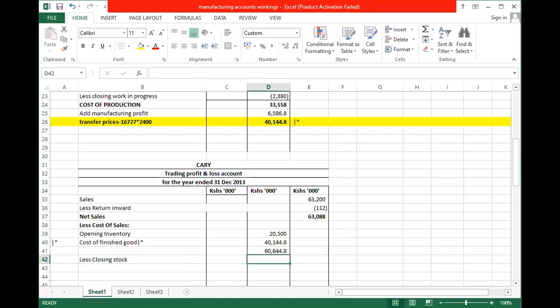What is the amount of closing stock? Good. So we put in 17,428.8.